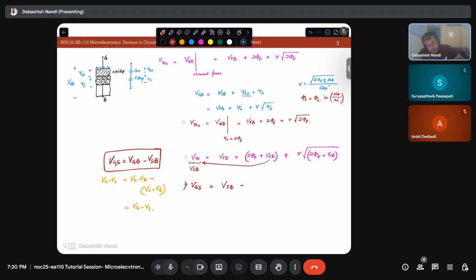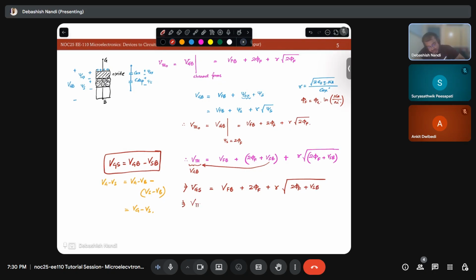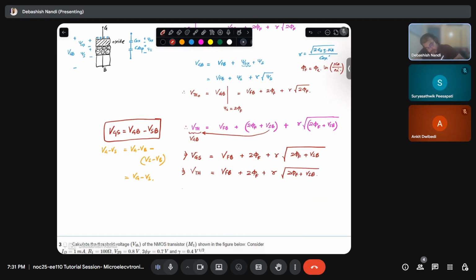VFB plus 2 phi F plus gamma root over 2 phi F plus VSB. So this is nothing but my VTH. Now if I want to calculate it in terms of this value, it does not matter if my threshold voltage is VGS or VGB, right?